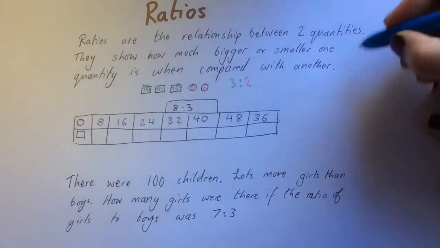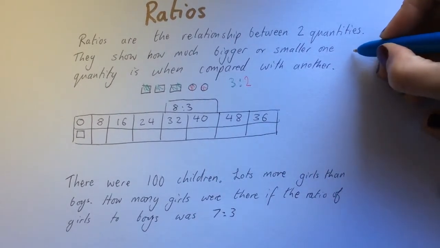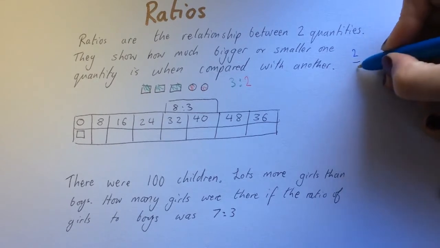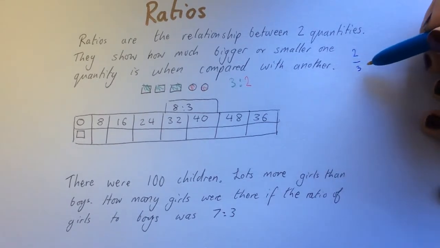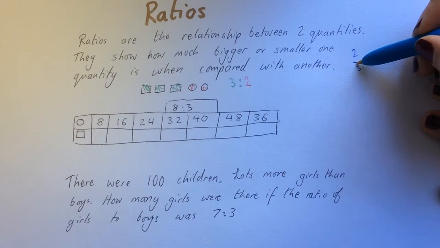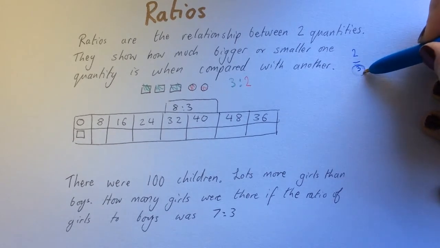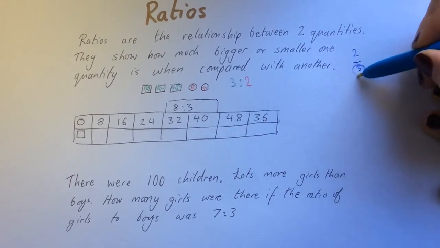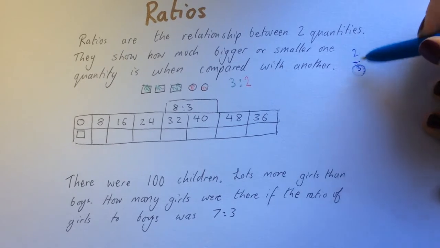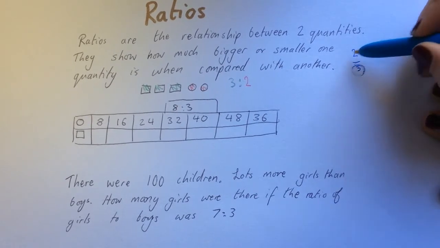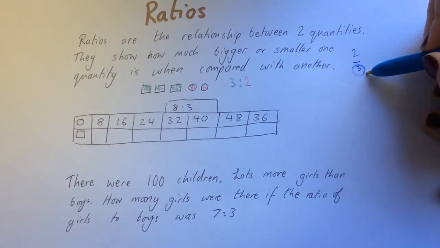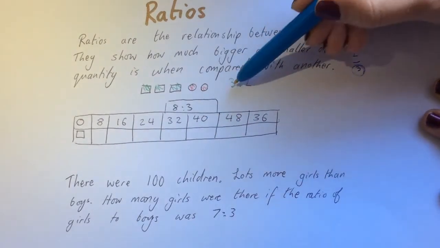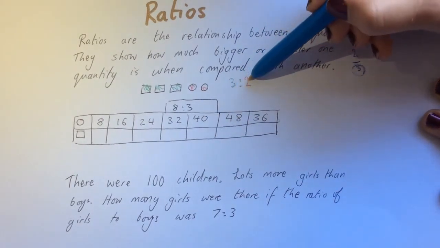The difference is that if I said 2 out of 3, that means that the total of the things that I have are 3, and I only have 2 of them. So that's my total amount. It's not two quantities, it's a part of a quantity. So with a ratio, these two things together are the total.